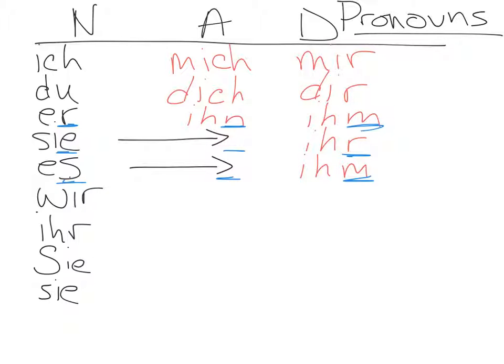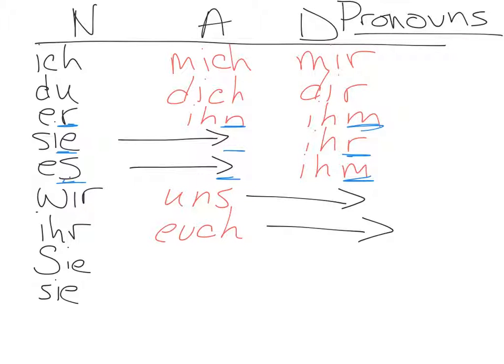Okay. What about wir? Uns. And dative? Uns stays uns. So think us. Ihr? Euch. Love that word. And dative? Euch. Alright, formal Sie.